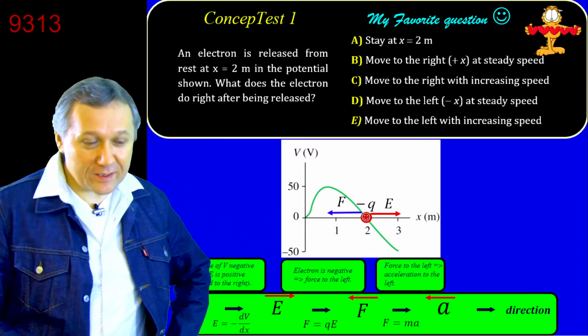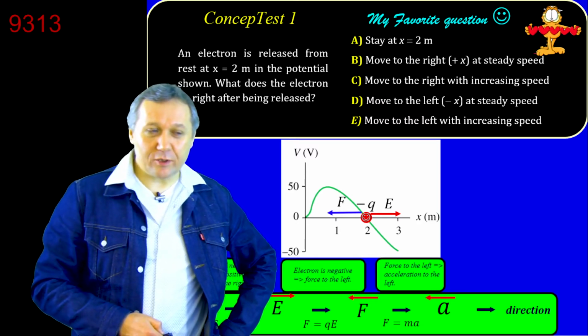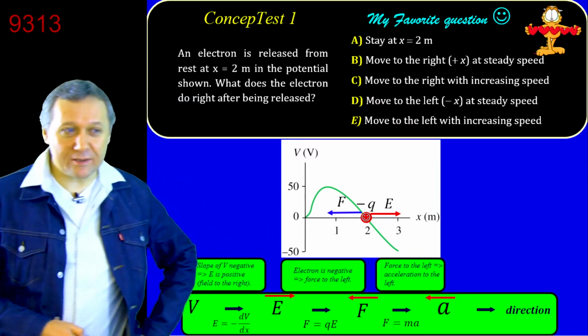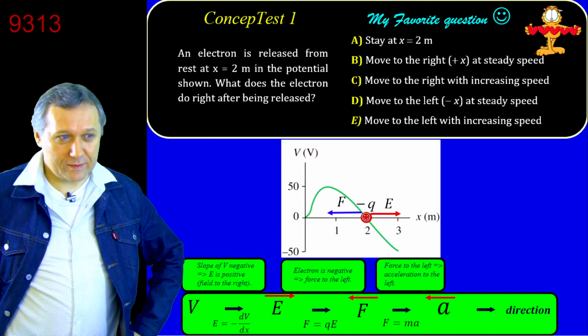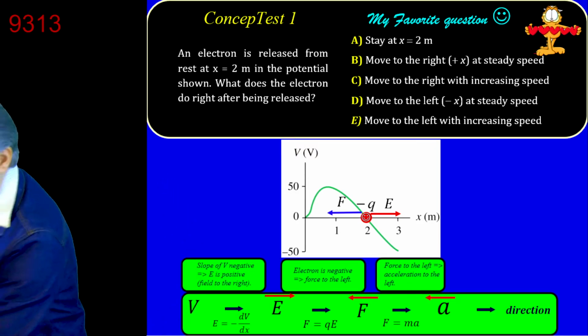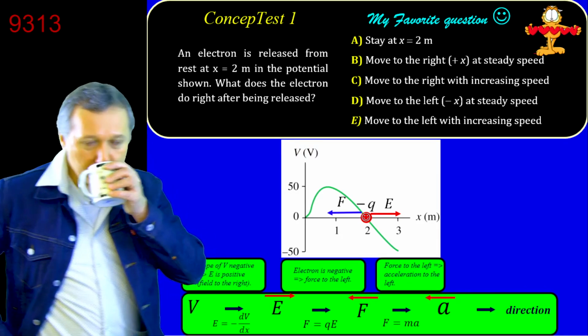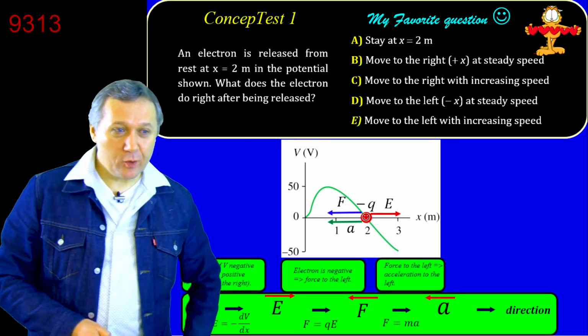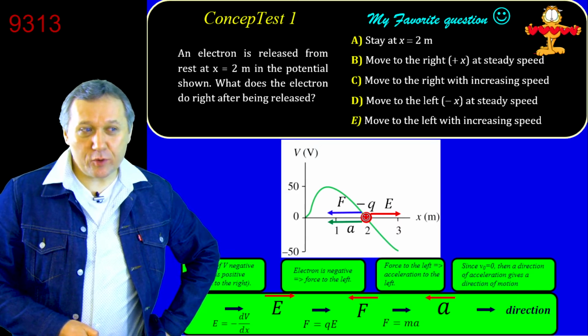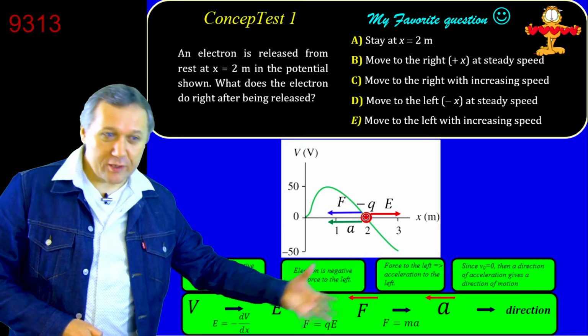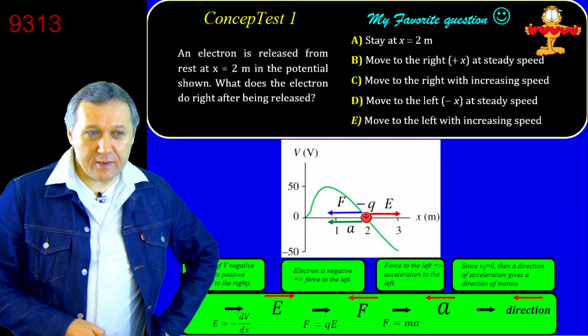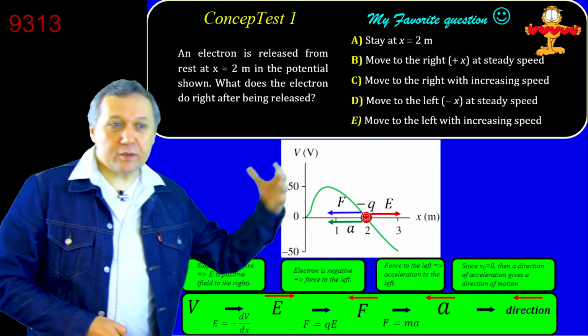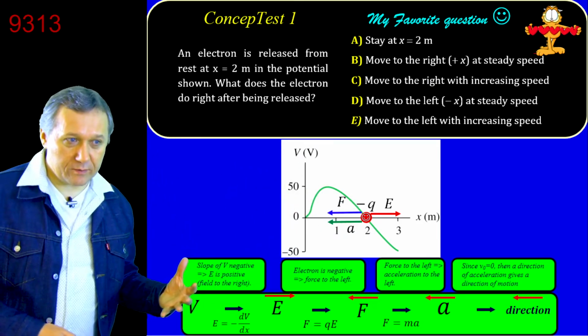And as we discussed at the very beginning, direction of acceleration, in this case, gives us direction of motion. All right? Okay, so as a result, direction of motion is, this electron is going to move to the left. Then, with constant speed or with acceleration?